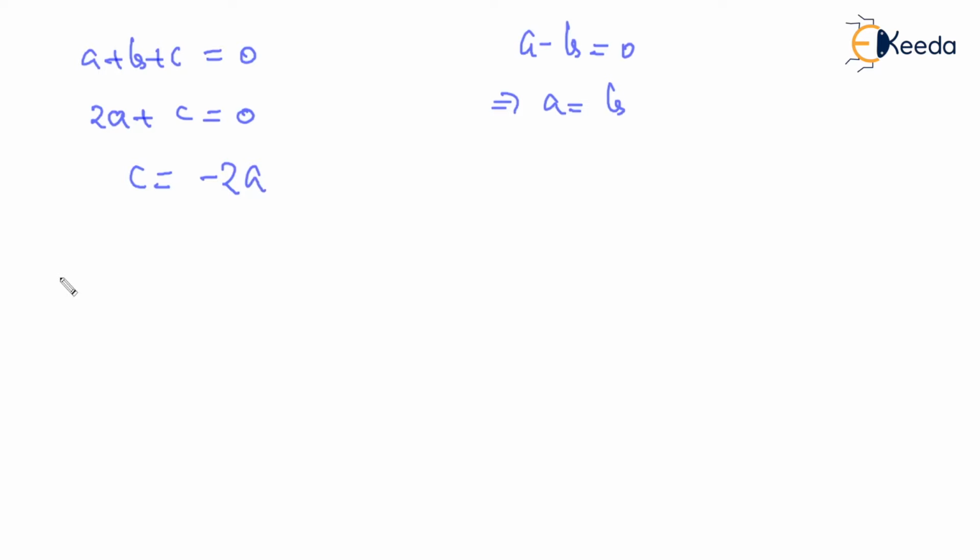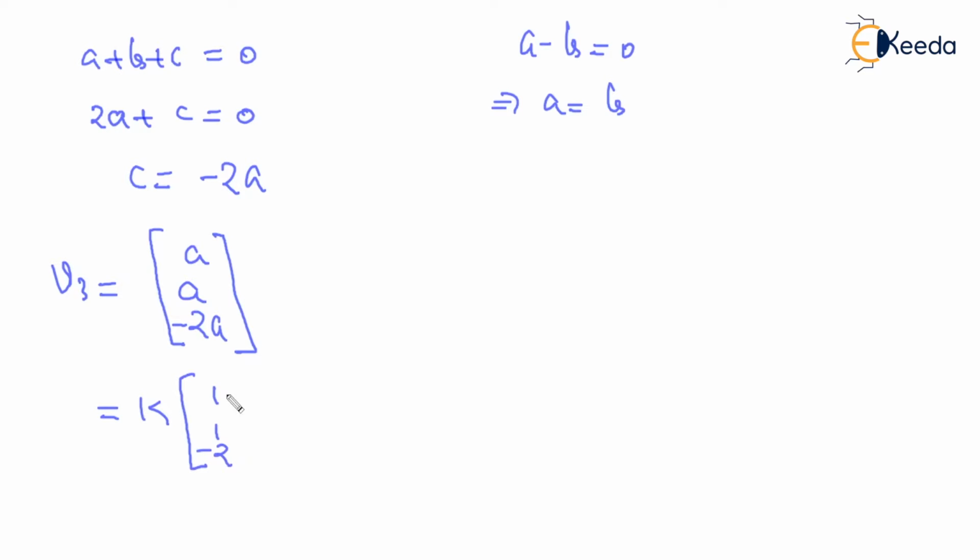So our vector V3 will be (A, A, -2A), which can be written as K times (1, 1, -2), if we take A to be a scalar. We can take (1, 1, -2) as the orthogonal vector.